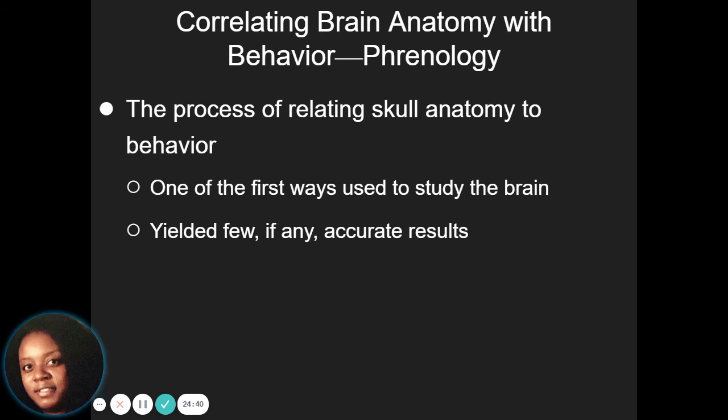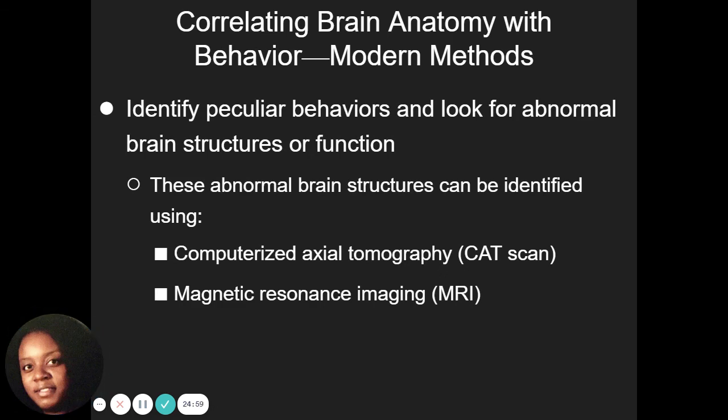Phrenology is the process of relating skull activity to behavior. One of the first ways brain activity was measured was through phrenology. There weren't very many results, and the results weren't very accurate, and that's why we had to come up with new ways of doing it.